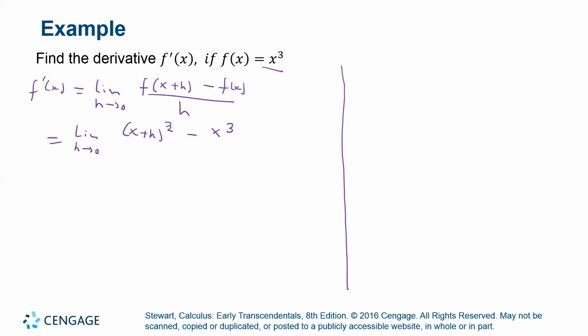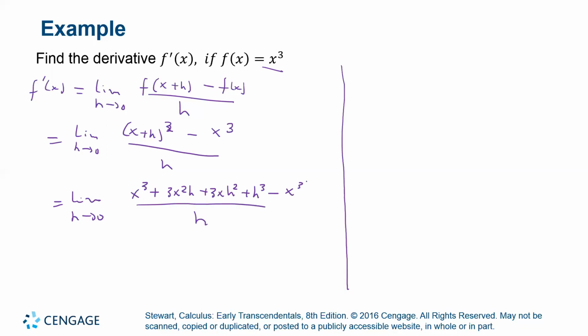Sorry, this is cubed. And then we simplify that expression, divided by h. This is equal to the limit as h goes to 0. If you expand x plus h cubed, you have x cubed plus 3x squared h plus 3x h squared plus h cubed, minus x cubed, divided by h. Of course, the x cubed terms cancel out.